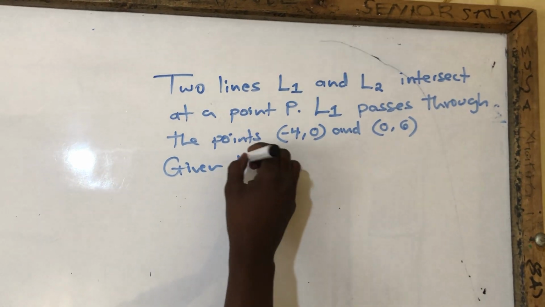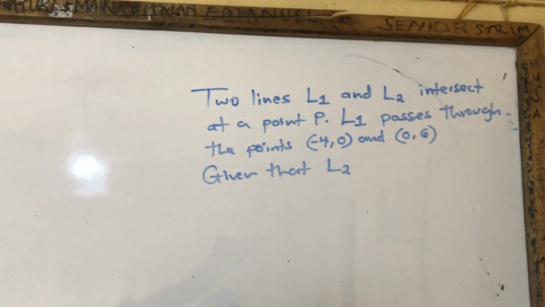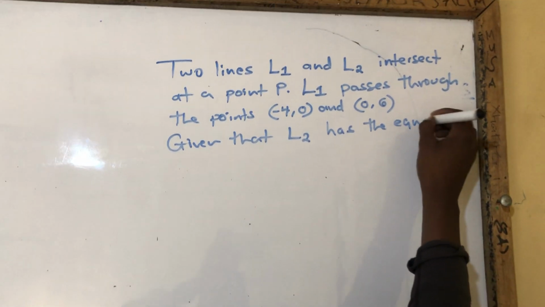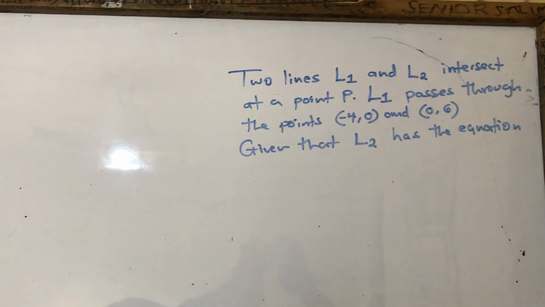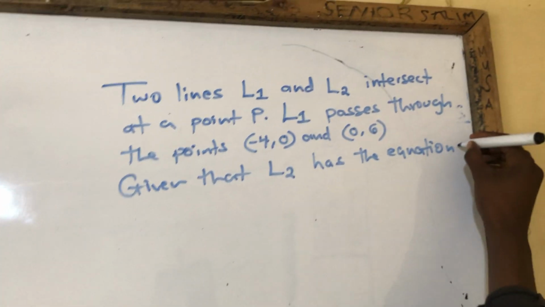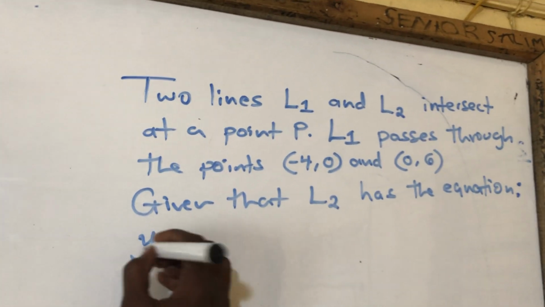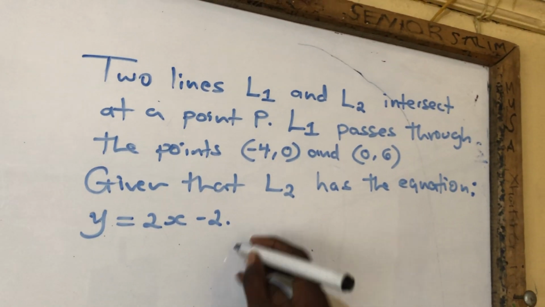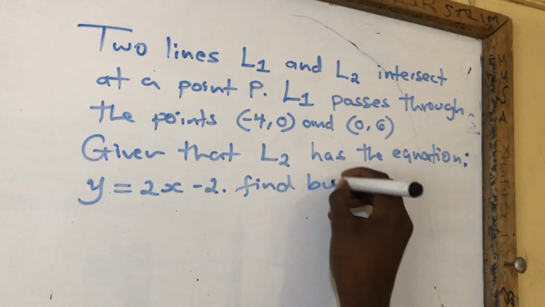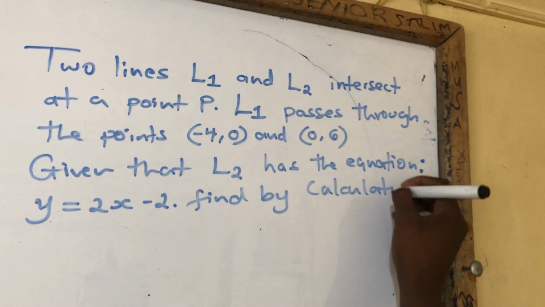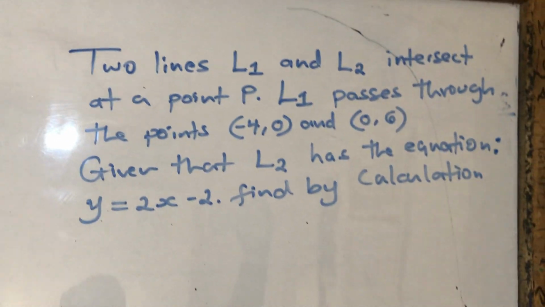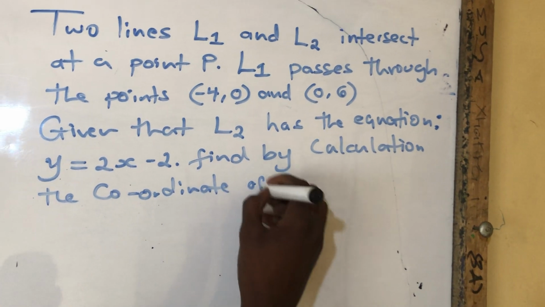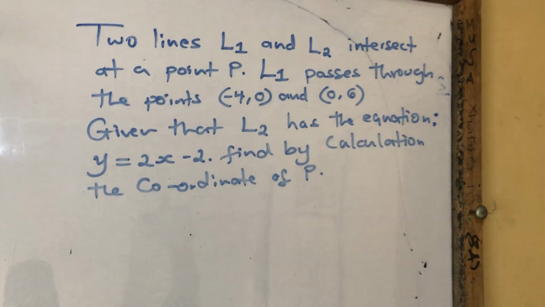Given that L2 has the equation y equals 2x minus 2, find by calculation the coordinate of P.